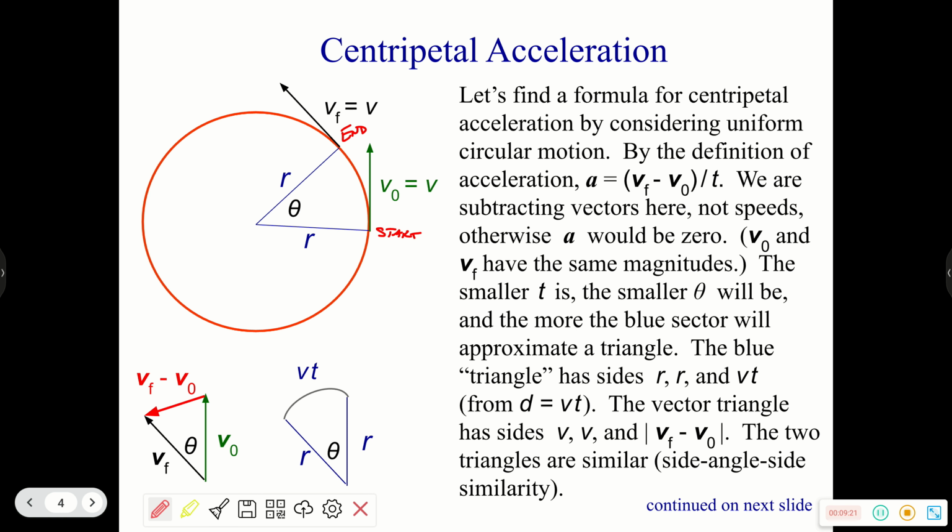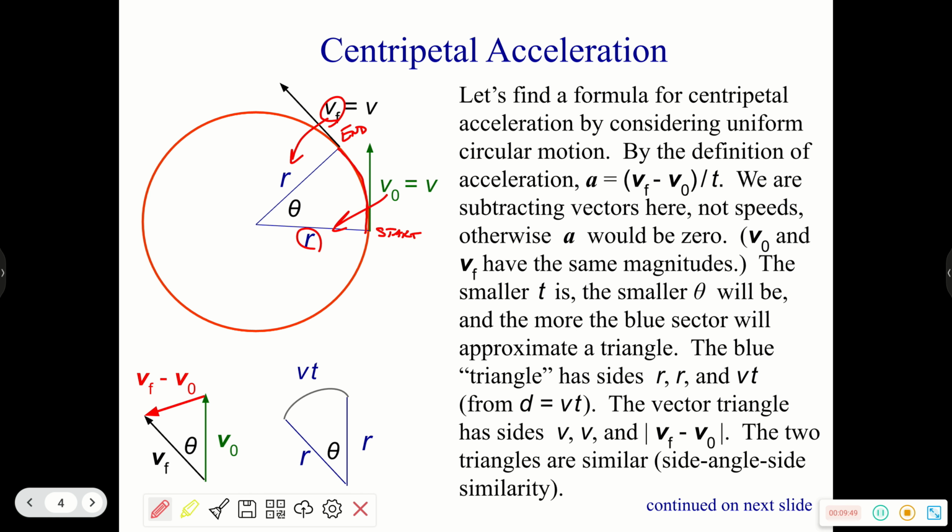You have your starting spot and you have your ending spot. One of these needs to be your initial velocity. This radius right here will match up here, and this final velocity will match up with this radius here. So that blue triangle that you see down here, this is V times T right here.